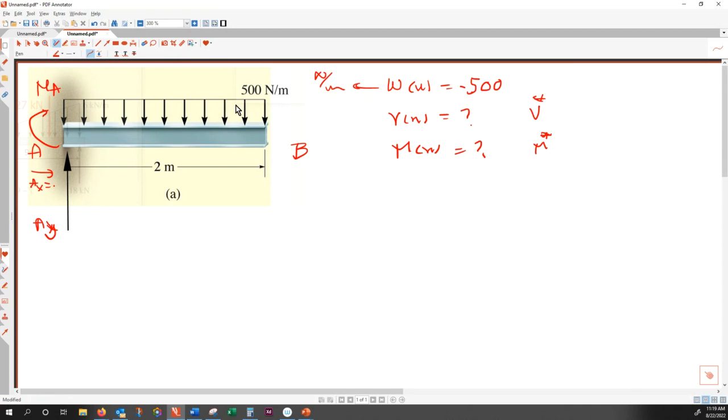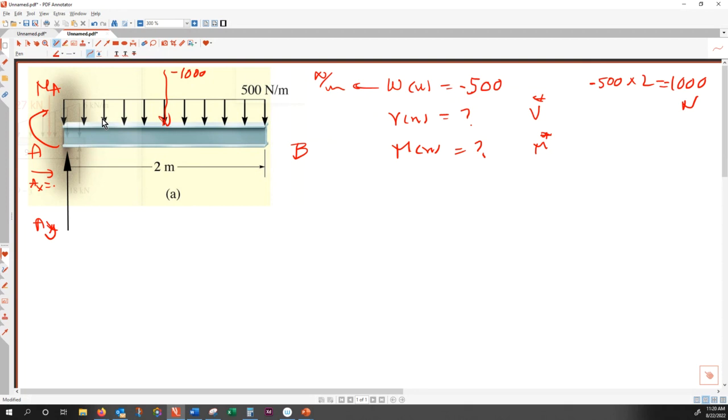Well, first thing, I need to replace that distributed load with a constant load. That is the area under this one. That is minus 500 times 2, which is 1000, right? 1000 Newton down, minus. So this is minus 1000 Newton.